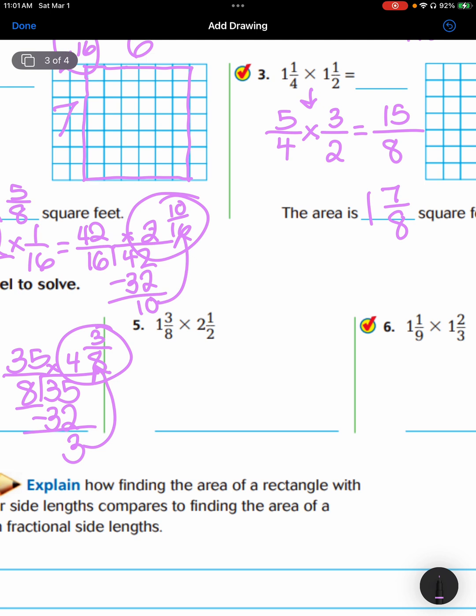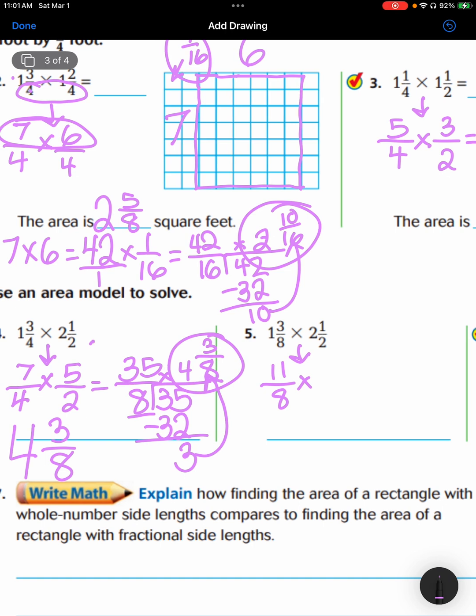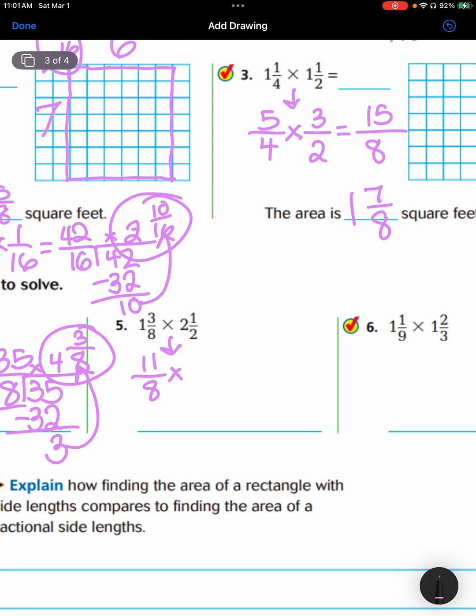5, same thing, turn them into improper fractions. 8 times 1 is 8, plus 3 is 11. And we actually just converted this fraction right over here. So we have 5 over 2. Multiply across, you get 55 over 16.